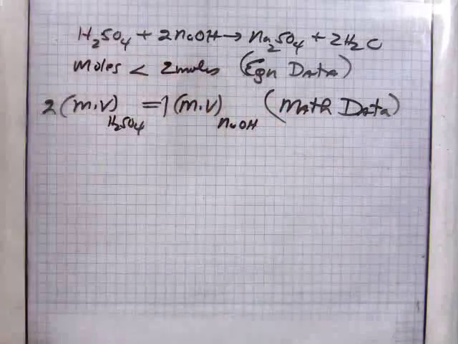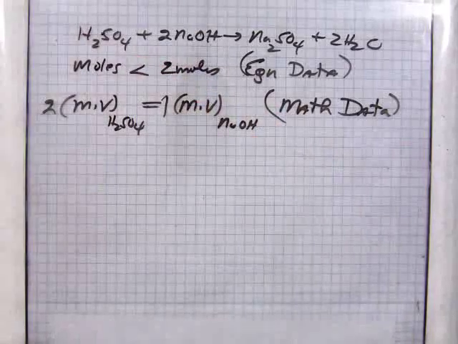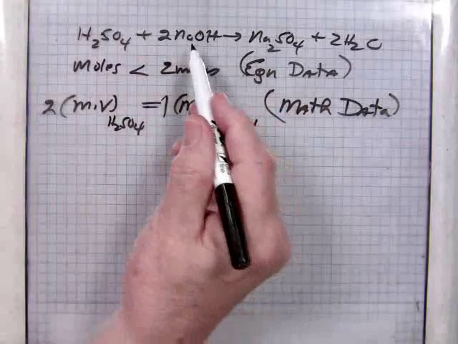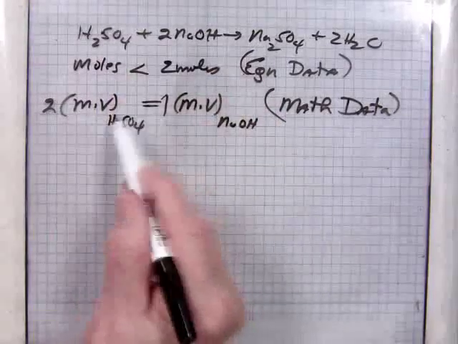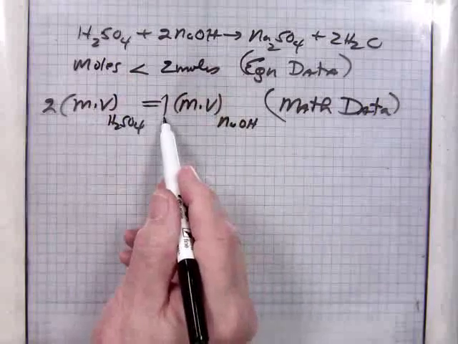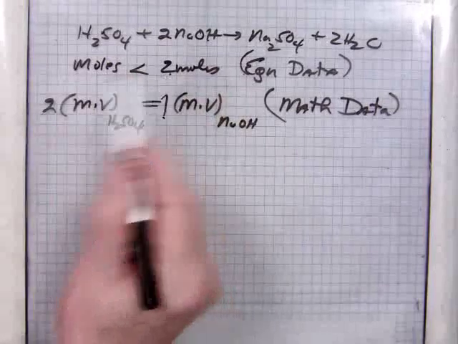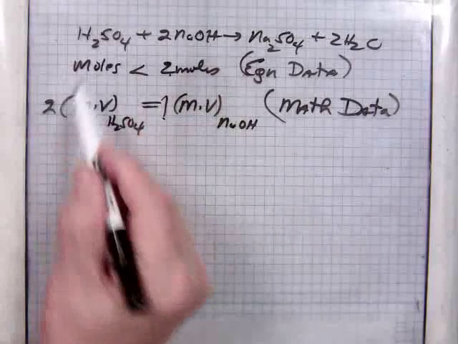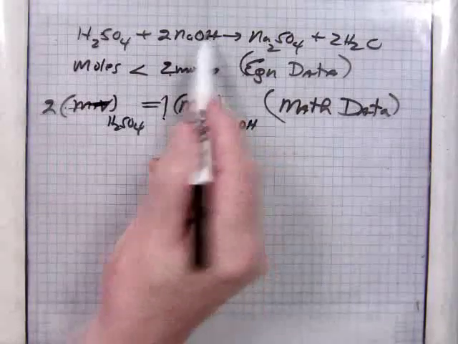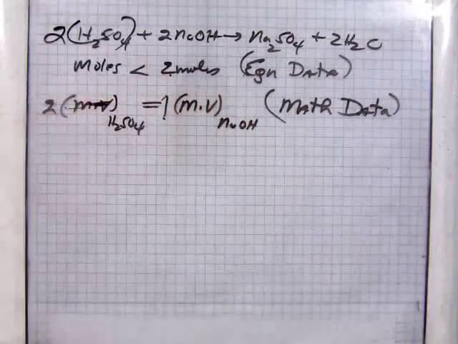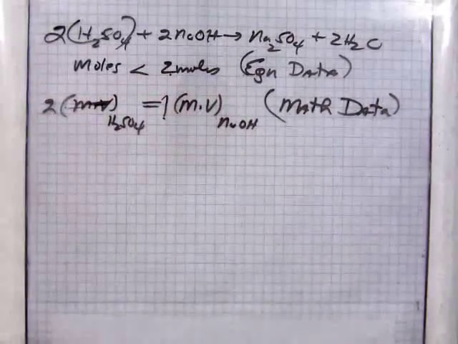And the data is probably in molarity and volume. But in order to solve one against the other, you have to use molarity times volume equals molarity times volume. And the only way you can do that is say, well, if I double the acid over here, I will have it equal to this one. Isn't that true? If I multiplied whatever I have on that acid times 2, I'll get that.